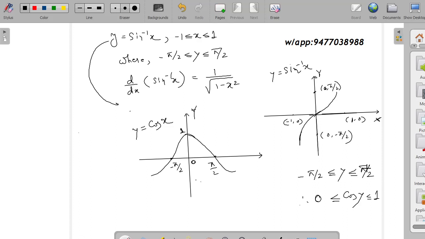So this part is positive. Therefore, we should take the sign as positive.